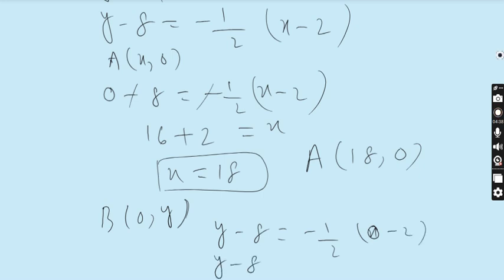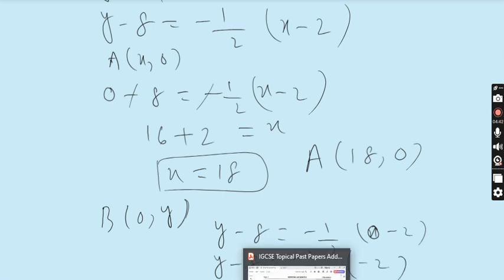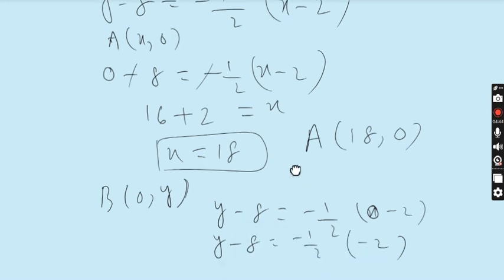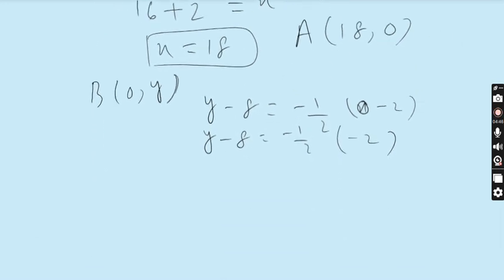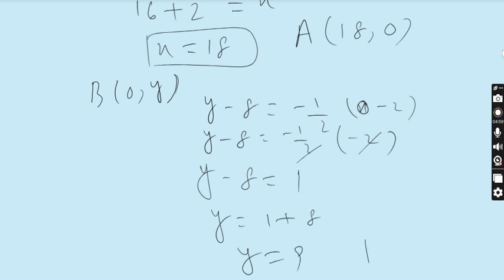So y minus 8 equals negative 1 upon 2 times 0 minus 2, which is minus 2. Y minus 8, 2 cancels with 2, minus minus is plus 1, and y equals 1 plus 8, y equals 9. And the coordinates of B are (0, 9).